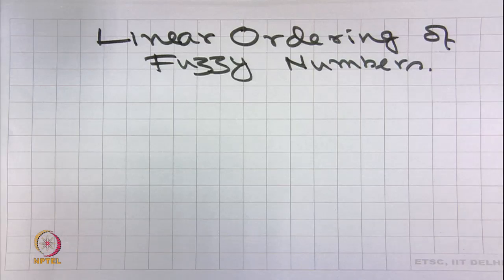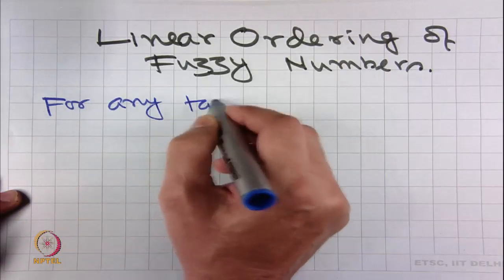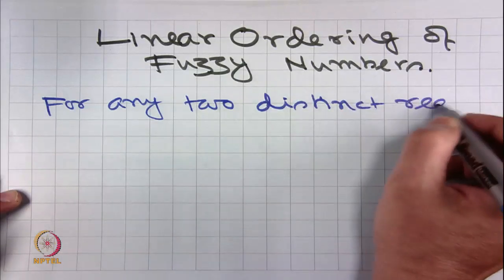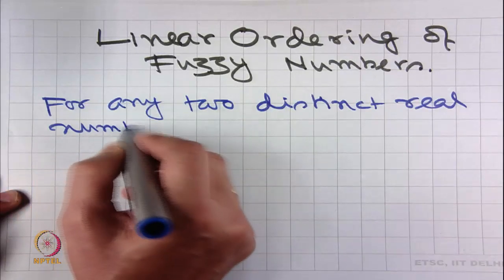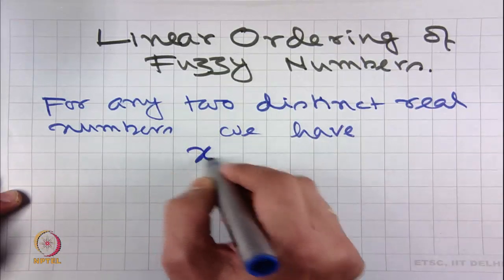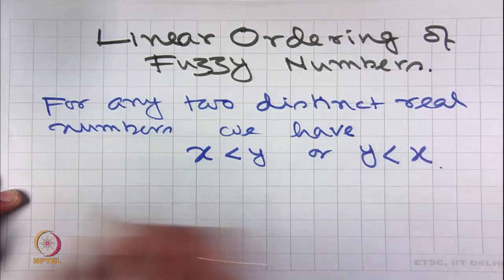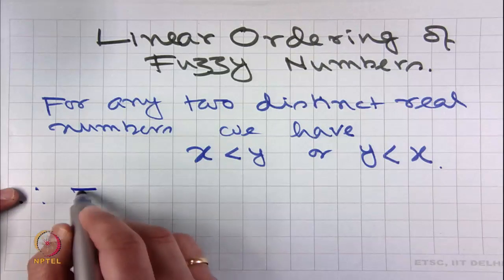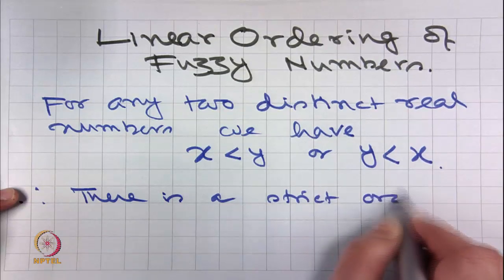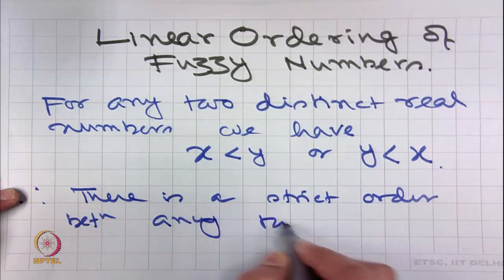For any two distinct real numbers x and y, we have either x is less than y or y is less than x, since there is a strict order between any two real numbers.